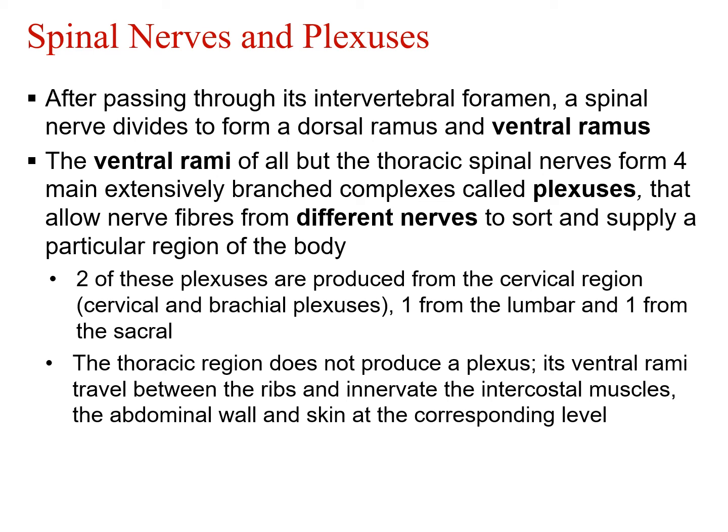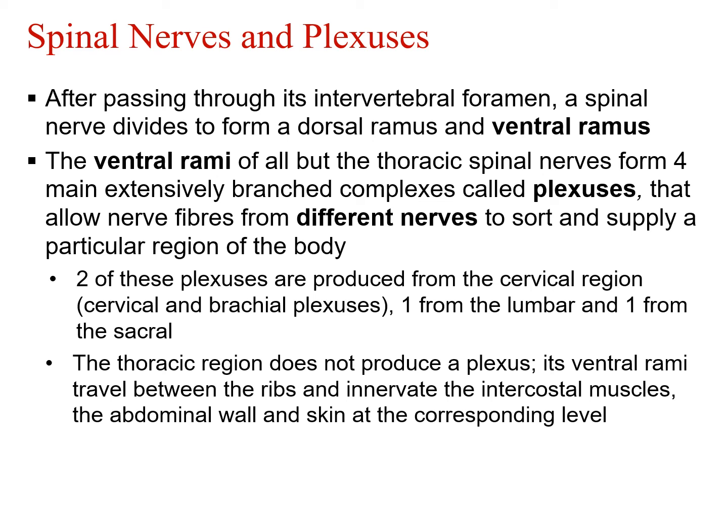This means that any given region of the skin or skeletal muscle in an area is actually innervated by axons from several spinal cord levels, never just one. So coming out of the plexuses are specific nerves that supply a particular region of the body, and those nerves are mixed, containing sensory and motor fibers.